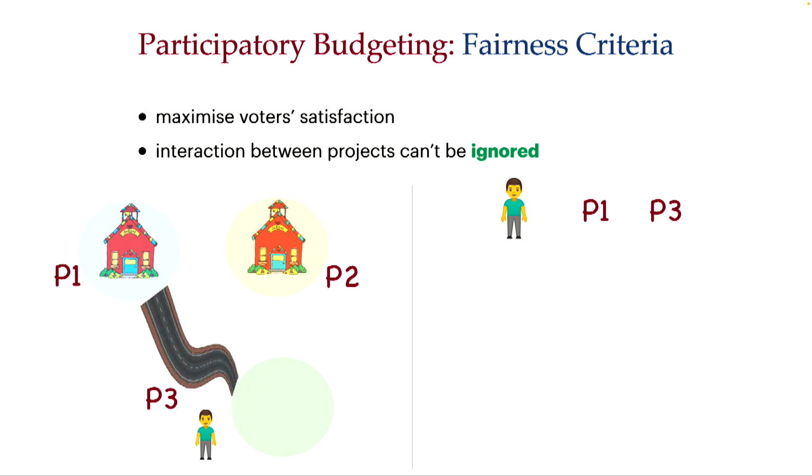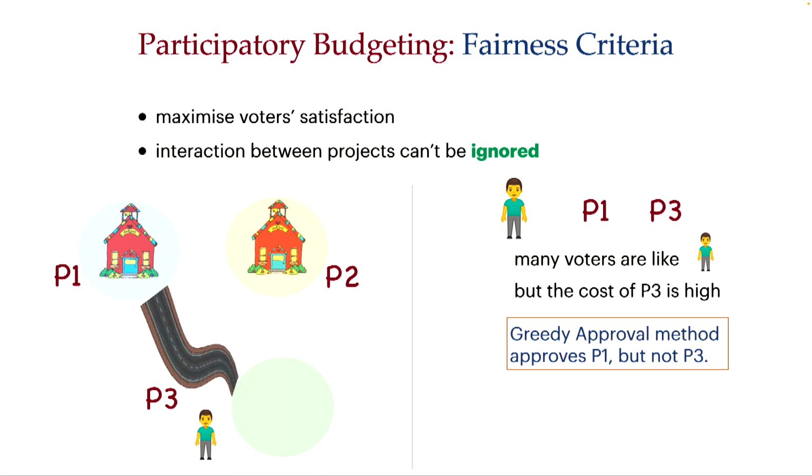But the cost of P3 is so high that, of course we can assume that the cost of every project is within the budget, but the cost of P3 is so high that both cannot be funded, right? Now if you fund just P1, it's of no use again, right? If you just build a road, maybe the road is not going anywhere else, again of no use, right?